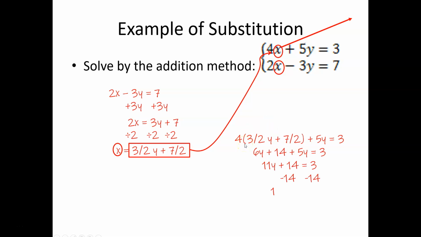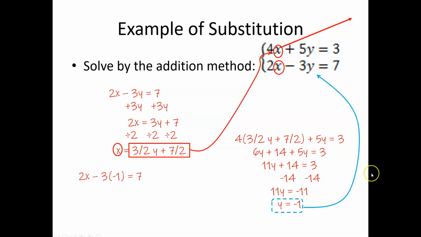In this case, it didn't turn out to be so ugly because we're multiplying by 4 and 2 is our denominator. We get y equals -1. We substitute that y back in. Here we are over here, solving for x, and we get x equals 2. So our answer is 2, -1.